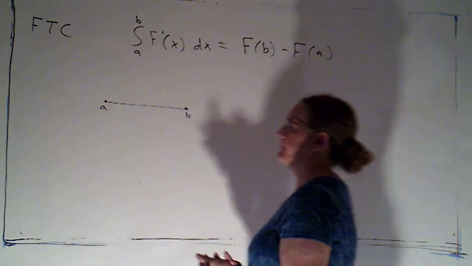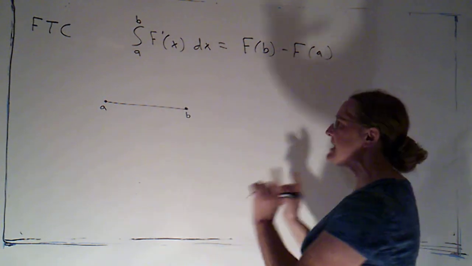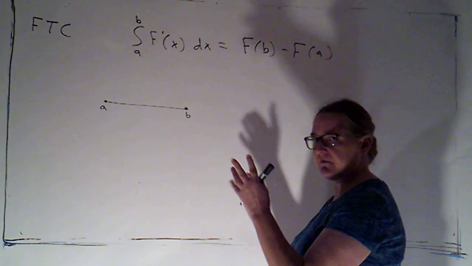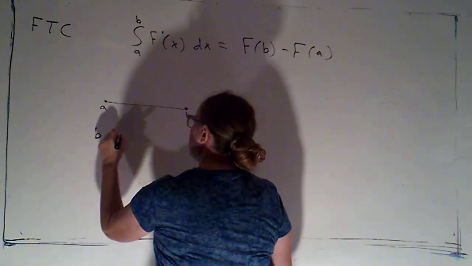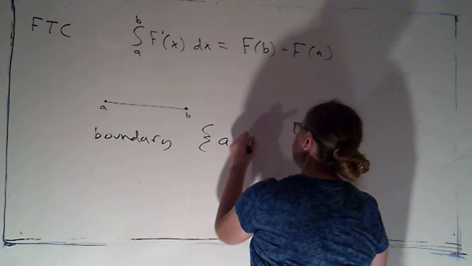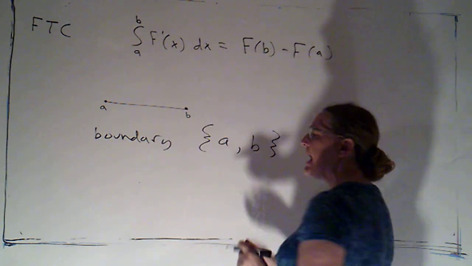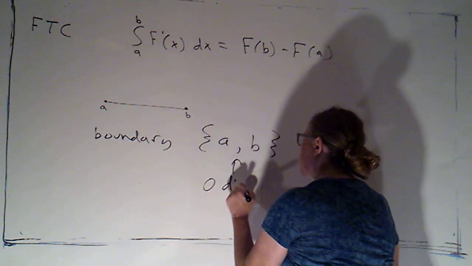That's totally fine. Notice this is one-dimensional. Its boundary, if I think of it as having a boundary, would be these 2 endpoints. So the boundary is just the set of points a and b, and points are actually 0-dimensional objects.